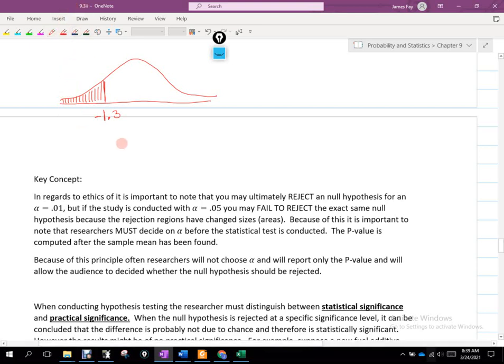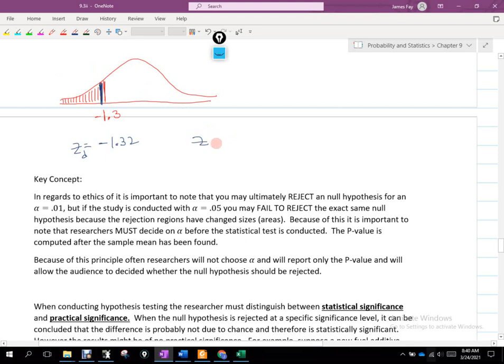Well, let's say that I get negative 1.32 for a z-test that came from my data. So that's to the left of negative 1.3, right? But let's just say it's right there. So I do reject my null hypothesis, but it is so close to that negative 1.3.